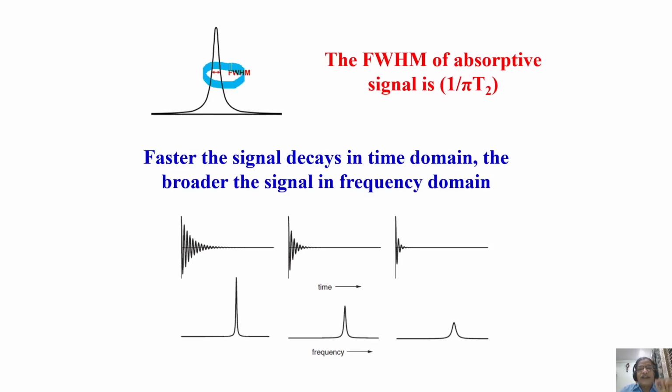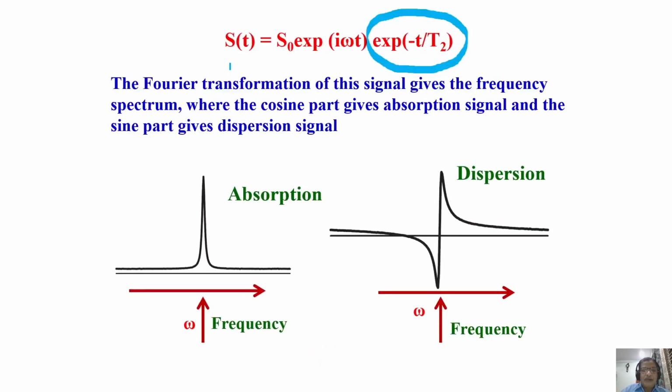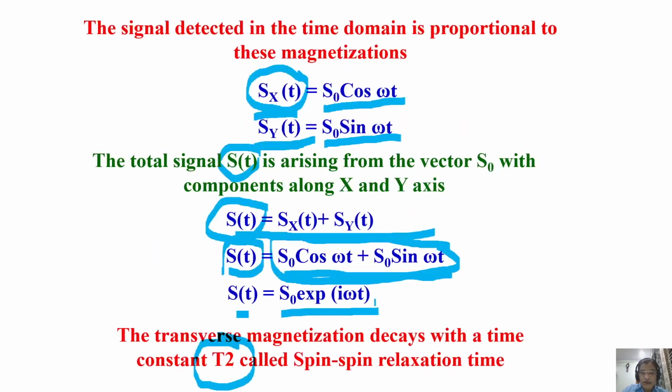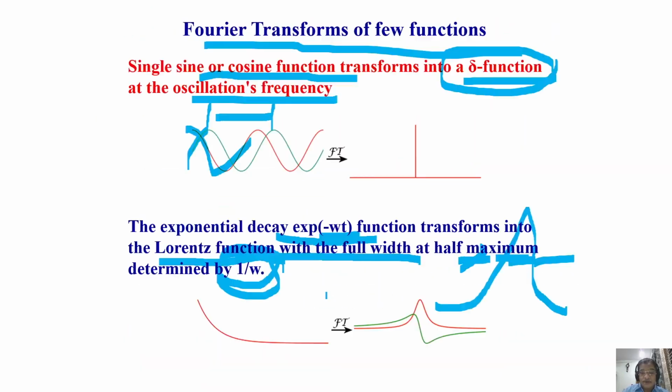Remember in one of the slides, when I said e to the power of minus i omega t, then the transverse magnetization decays with a time constant T2. It is here. The full width at half maxima is given by the inverse of that frequency.